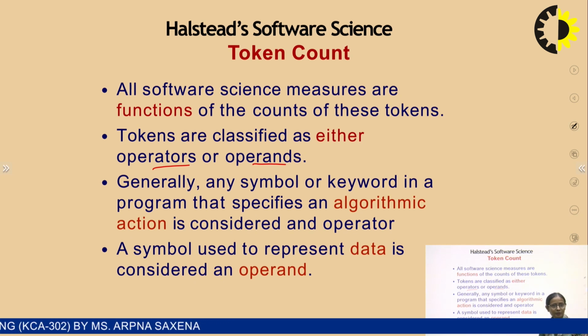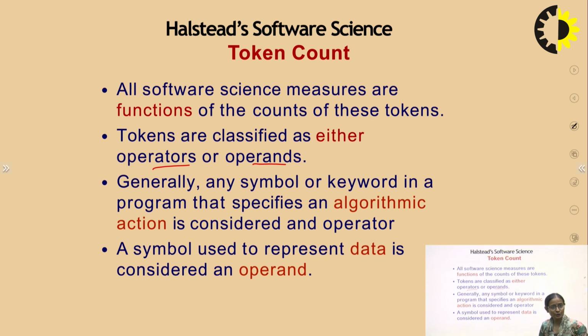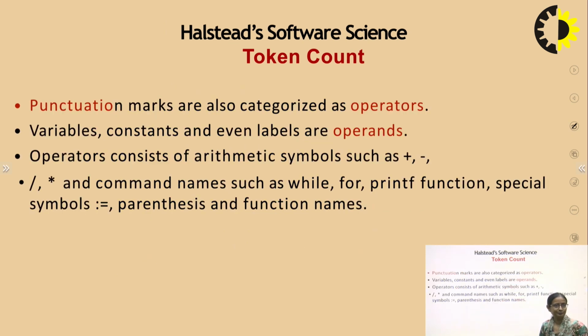Generally, any symbol or keyword in a program that specifies an algorithmic action is considered an operator, and the symbol which is used to represent data is considered as an operand. Punctuation marks are also categorized as operators. Variables, constants and even labels which you write in your code are acting as operands.